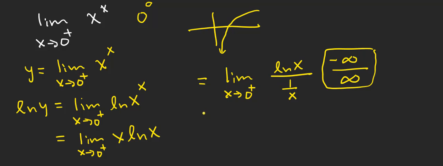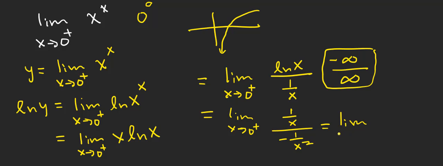So you end up getting the limit as x goes to 0 from the right. Derivative of natural log of x is 1 over x. Derivative of 1 over x is negative 1 over x squared. And this is the same thing as the limit as x goes to 0 from the right side of negative x. So what happens when you plug in 0? You get 0, right?